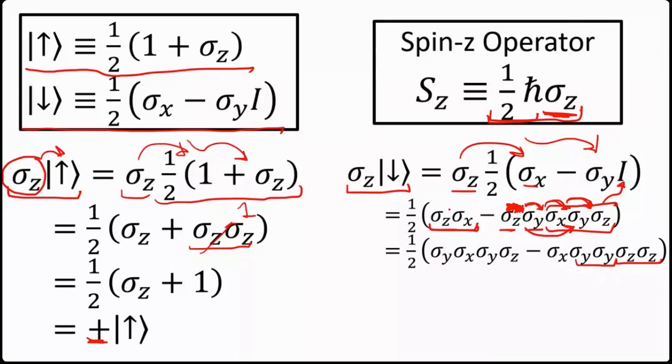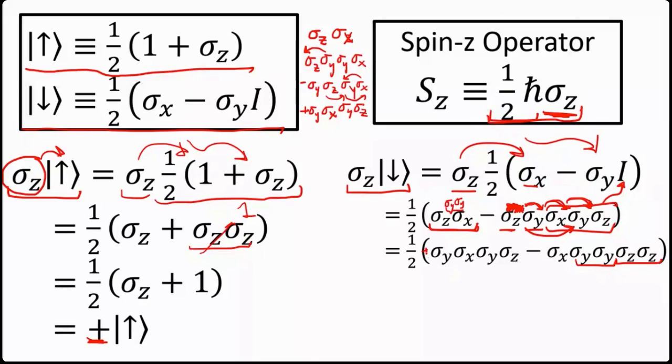And then here, I think you can put a y in the middle, and I'm going to work this out. So sigma z, sigma x, and if I put y in the middle, that's fine. Then if I bring this outside, that's a negative. And then if I bring z over, and then bring x over the y, that's 3 swaps, which is a negative, so I'll change the sign to plus.